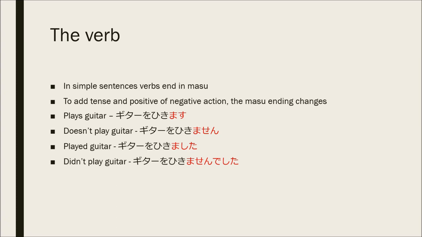And finally, who didn't play their guitar? Eddie Van Halen didn't play the guitar at Woodstock, would be Eddie Van Halen wa Woodstock de guitar o hikimasen deshita. So that's the past tense and it's negative.